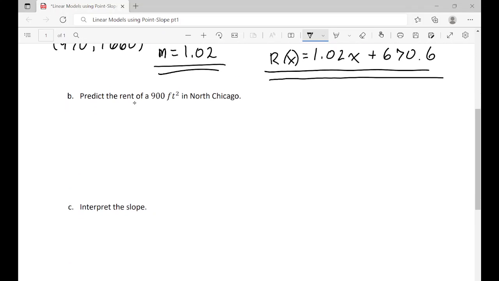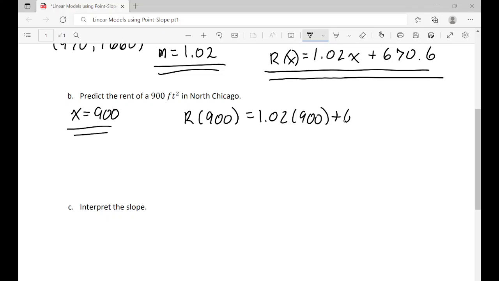Now we're going to predict the rent of a 900 square foot apartment in North Chicago. So that means, again, the area is our x value. So x is going to equal 900. So I'm going to plug this into our formula up here. So r of 900 is going to equal 1.02 times 900 plus 670.6.